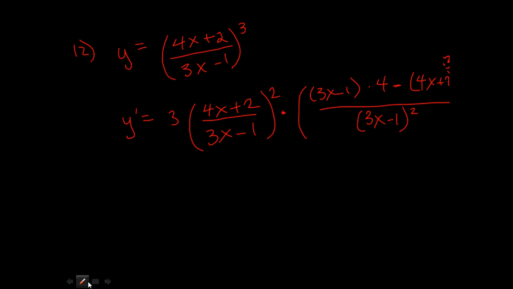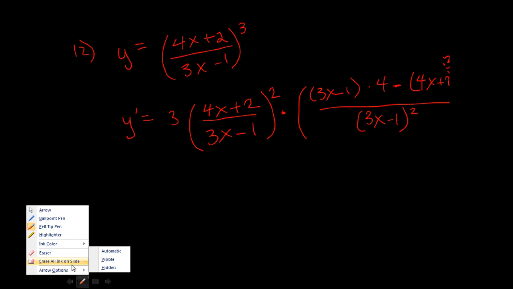I'm going to erase this to do 13 so I have more space. So 13, let's say that we do x squared over the 4th root of x minus 3.